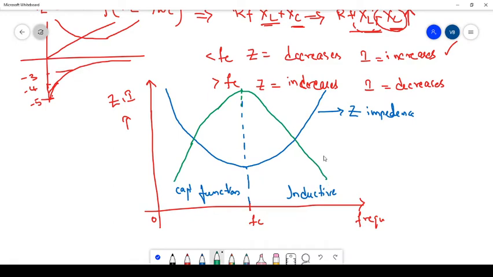So this is current I. Here you can observe that when impedance decreases, the current value increases, and when impedance increases, the current value decreases. This is the relation between impedance and current in a series resonance circuit.